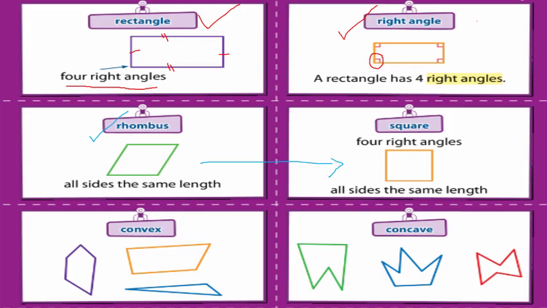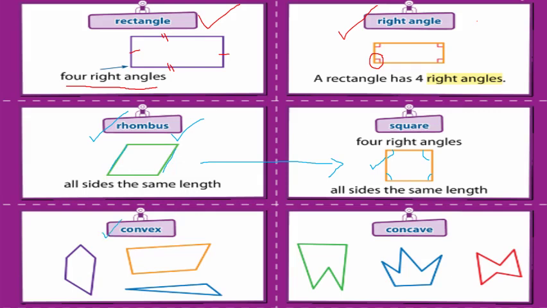So what is the difference? Quickly tell me, what is the difference between a rhombus and a square? Excellent. All four sides of the square are straight and we have a right angle at all the vertices. While in a rhombus, the angles are not right angles. These two sides are parallel.